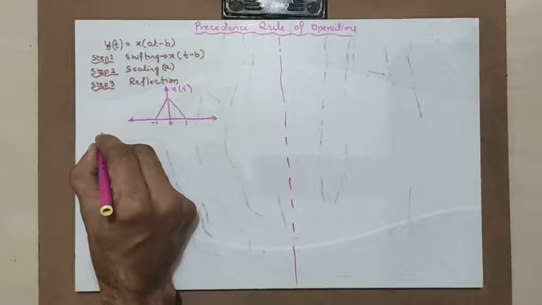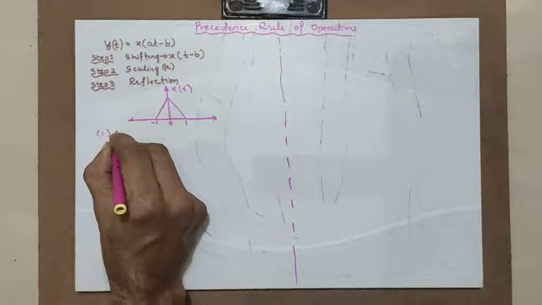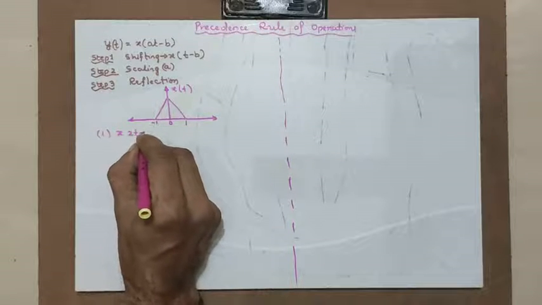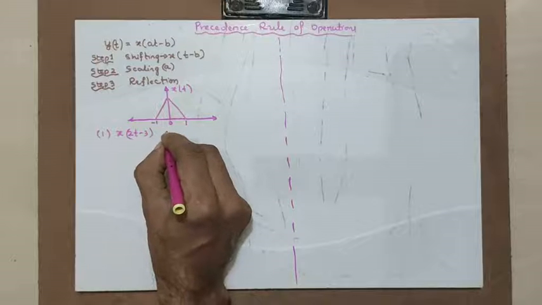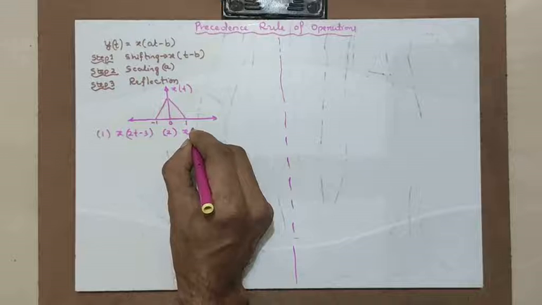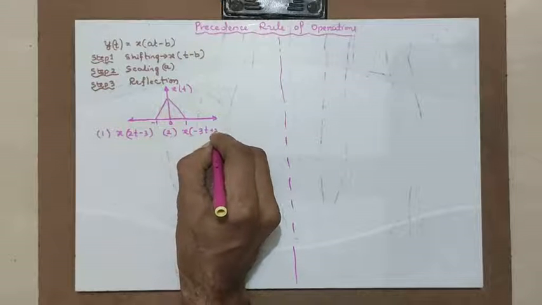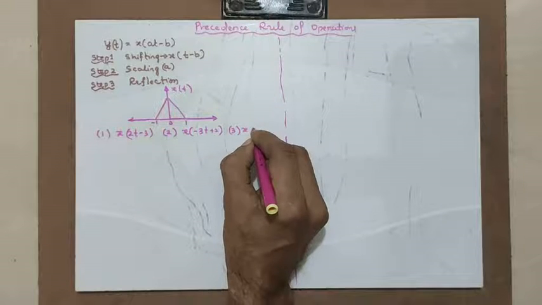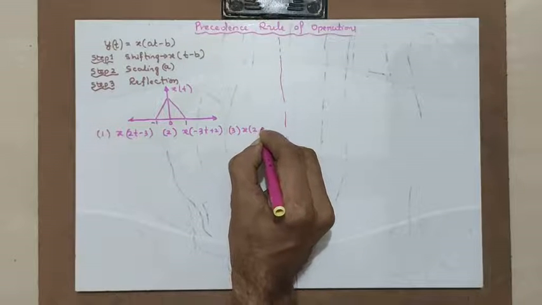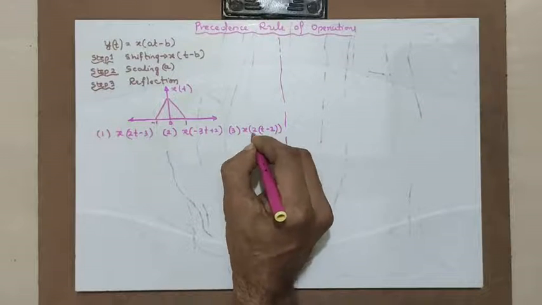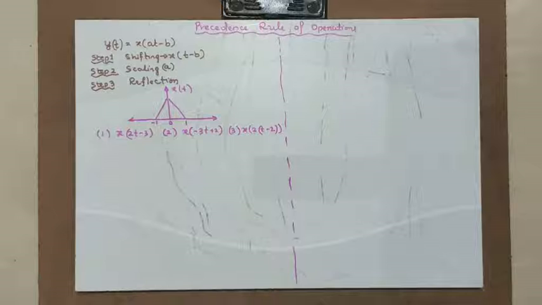Let us find this. 1: x of 2t minus 3. Second, which I will be finding, is x of minus 3t plus 2. The third one which I would like to find is x of 2t minus 2 bracket. Just see here, how is the bracket? Okay, these three examples, let us solve this now.